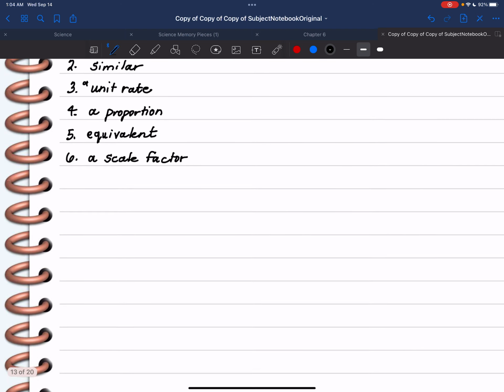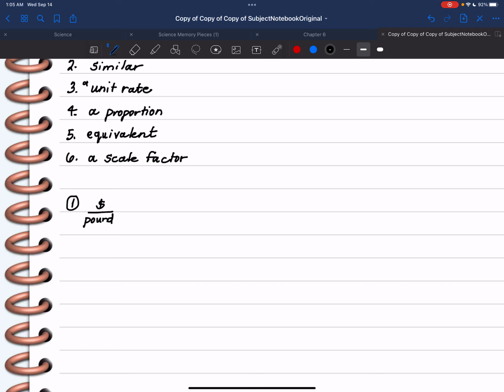Under skill review, question 1. A 3-pound bag of rice costs $3.87. What is the unit cost per pound? So we are comparing dollars to pounds.